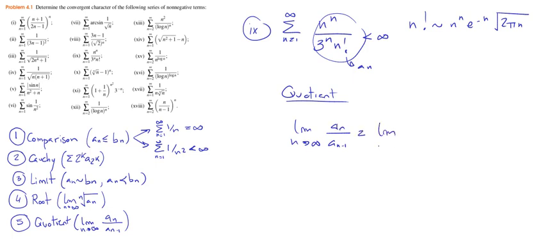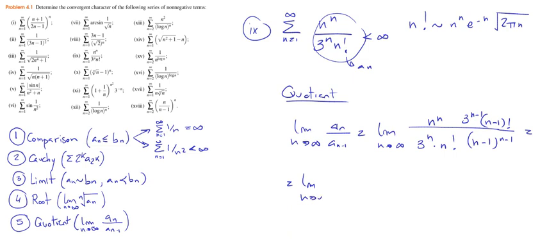So we have the limit when n goes to infinity of n to the n, in the denominator is 3 to the n times n factorial, and then in the numerator we have 3 to the n minus 1, n minus 1 factorial, and then you have n minus 1 to the n minus 1, okay?